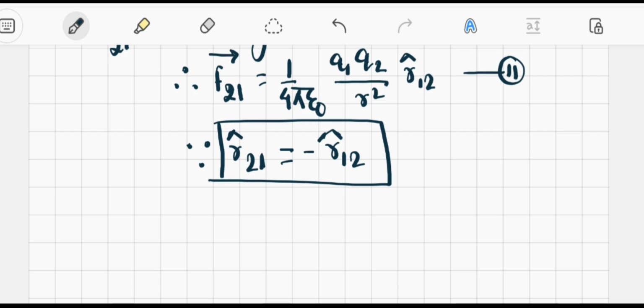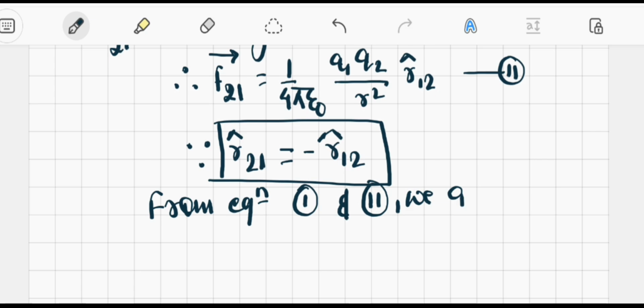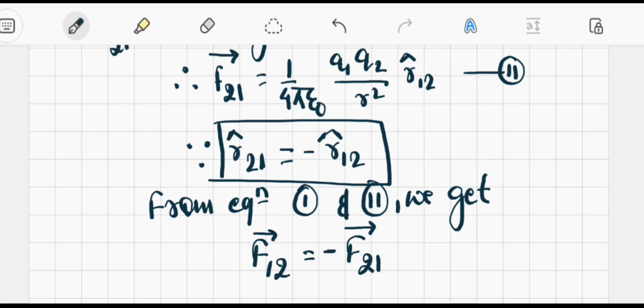So we can conclude from equation 1 and 2 that the force on 1 with respect to 2 and the force on 2 with respect to 1 have the same magnitudes but are oppositely directed.